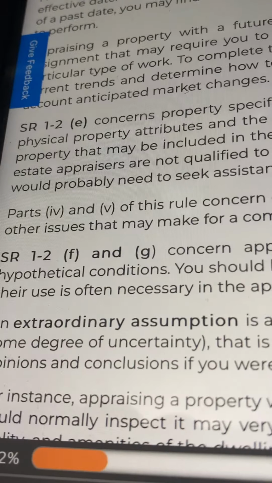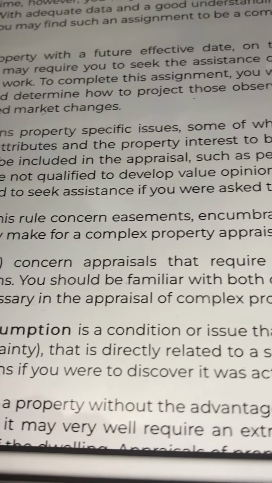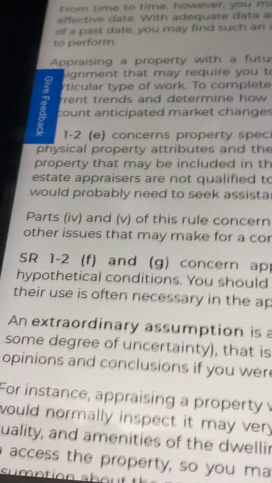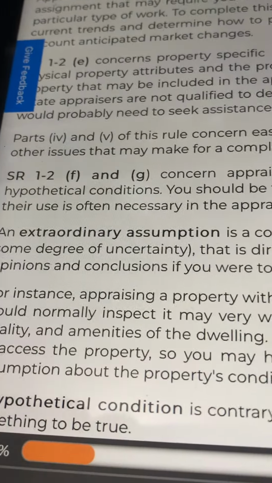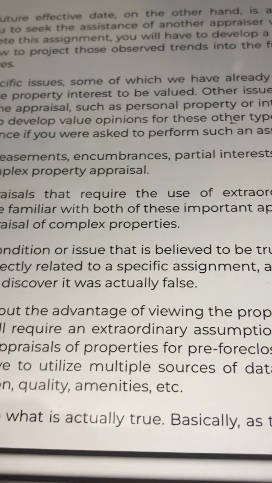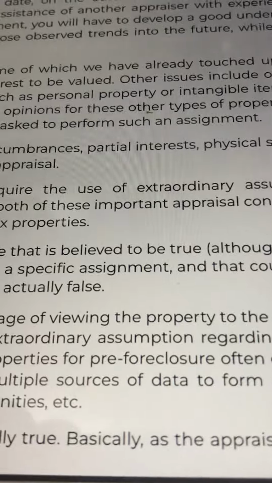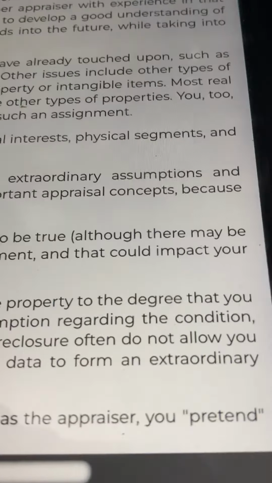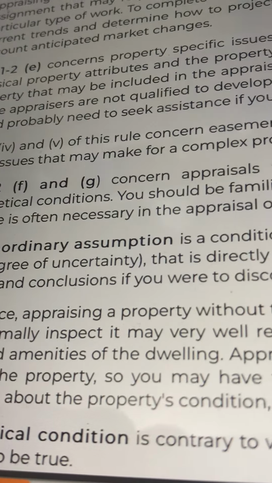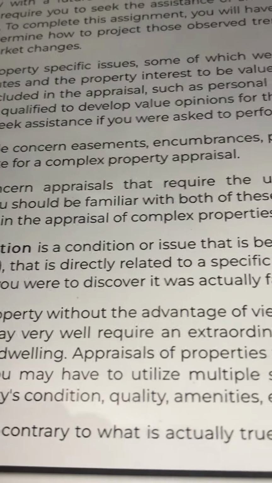You, too, would probably need to seek assistance if you were asked to perform such an assignment. Parts 4 and 5 of this rule concern easements, encumbrances, partial interests, physical segments, and other issues that may make for a complex property appraisal.